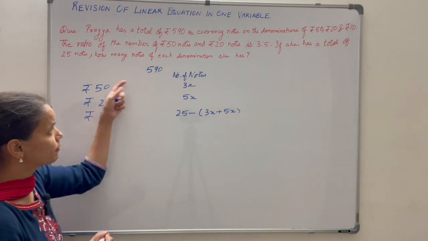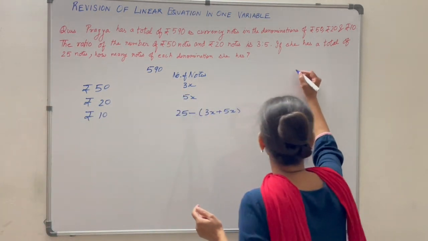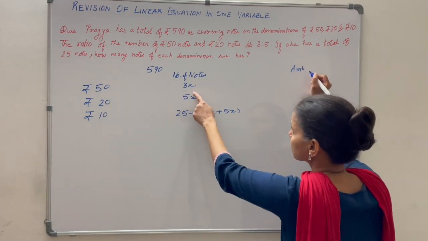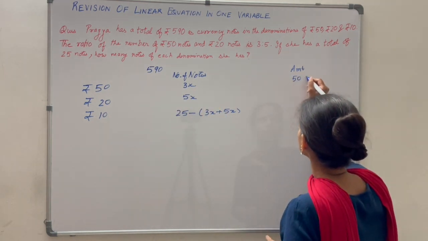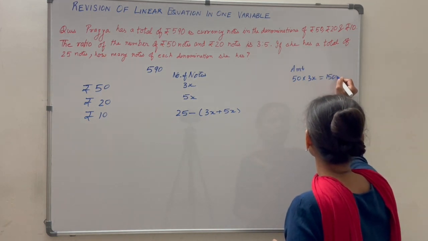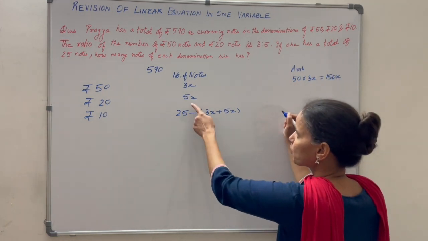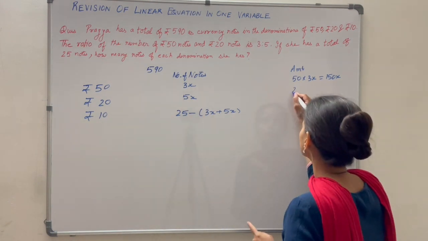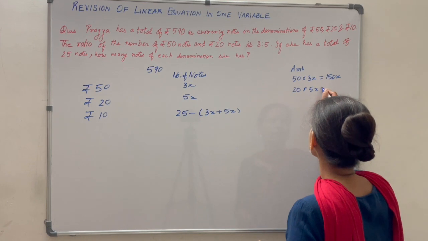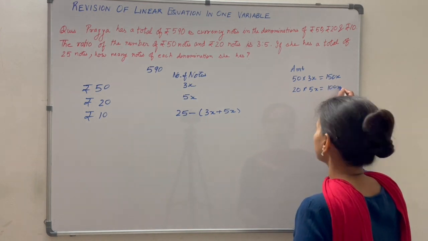So how much is the value of each amount? The amount of 50 rupees is 50 into 3x, so that is 150x. The amount of 20 rupees is 20 into 5x, so that is 100x.